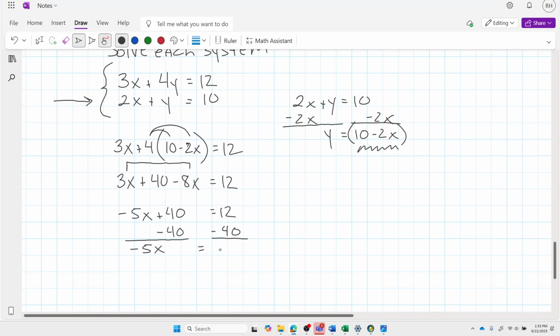Negative 28. Divide each side by negative 5. These cancel, and our x is equal to 5.6.